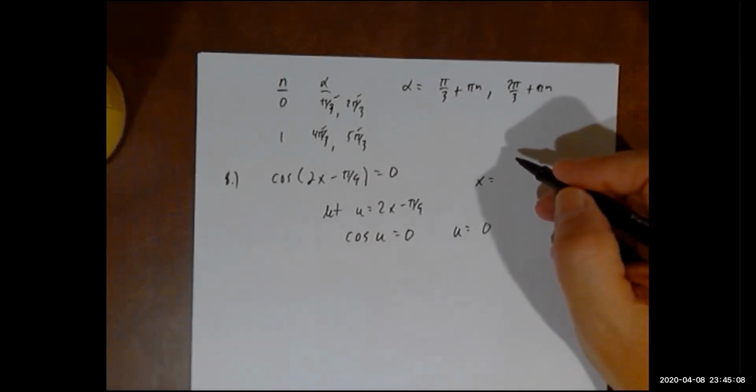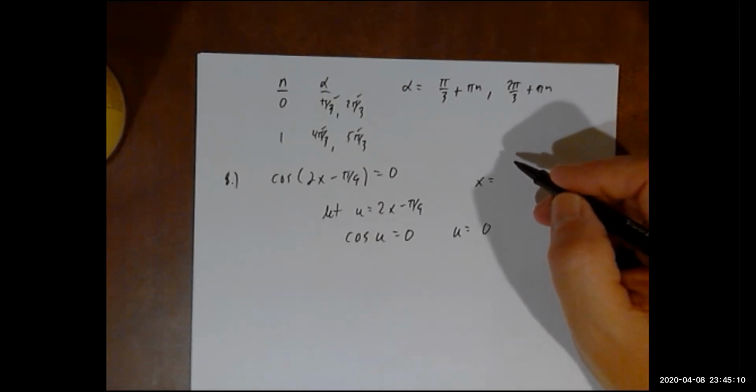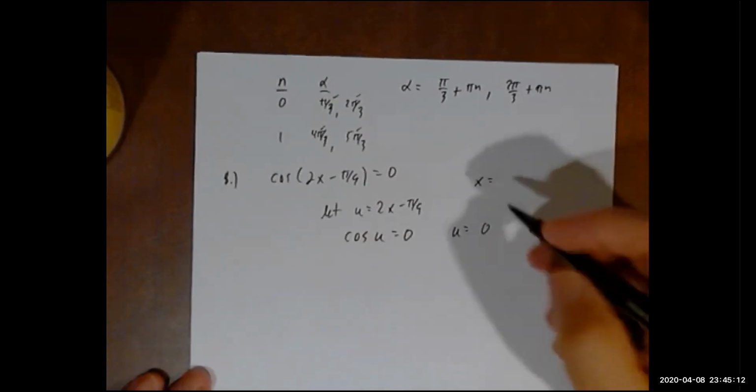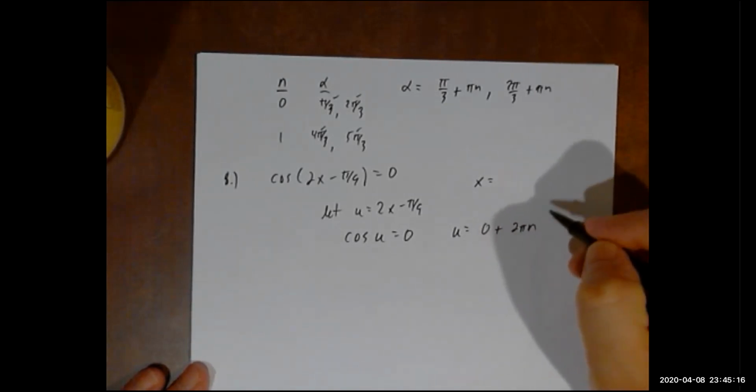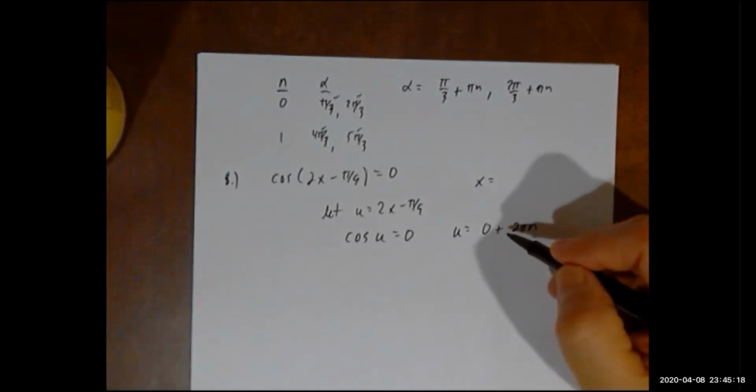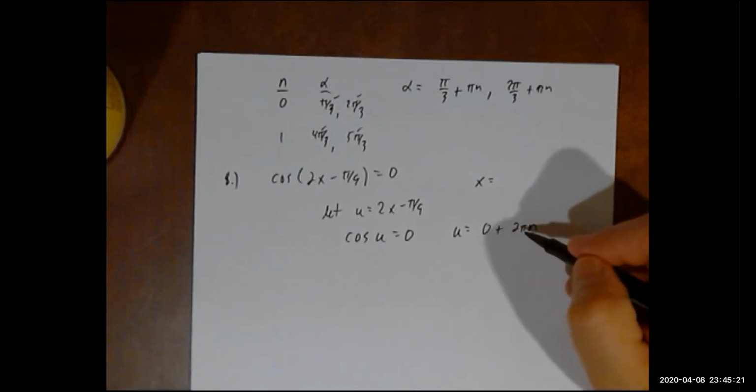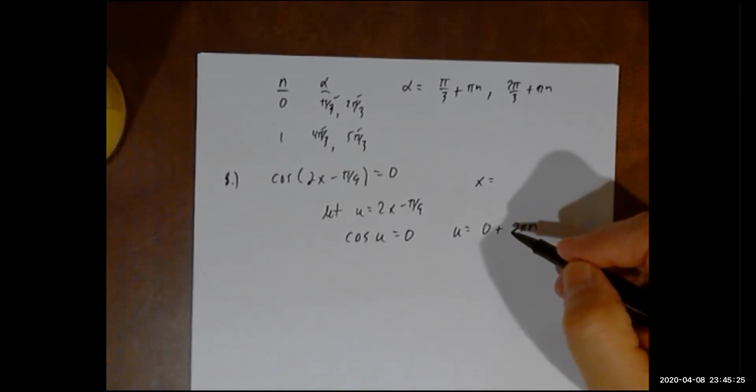Well, let's do this just to be safe. You know what we have to do? The more I think about it, I need to actually do the 2 pi n for now. And you're going to see why in a minute. So for now, I need to do the repeating stuff.